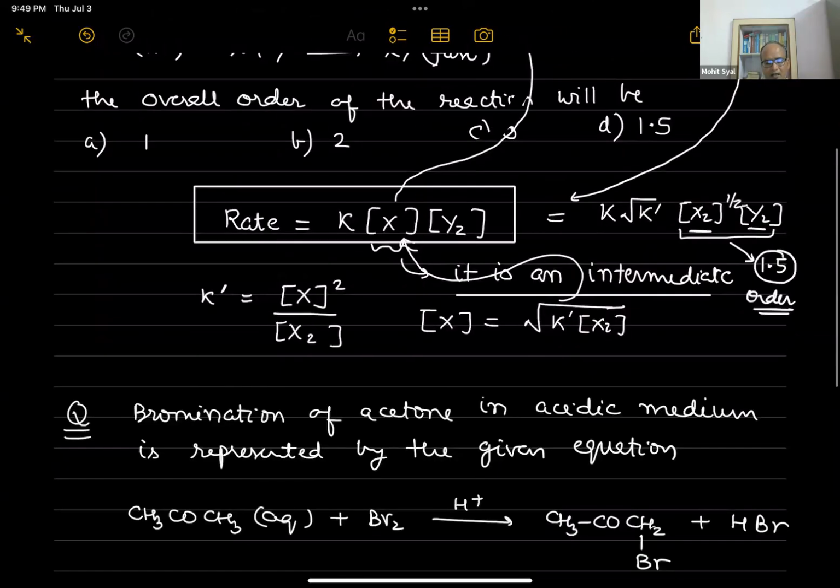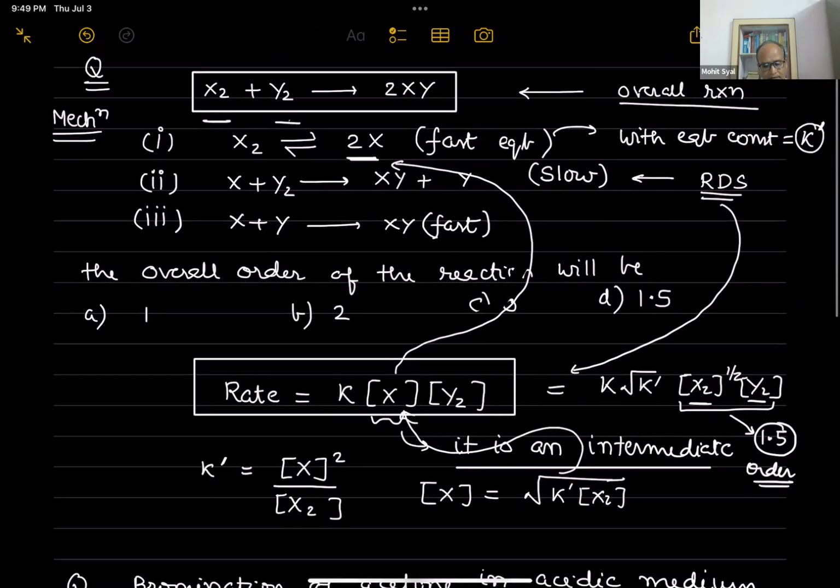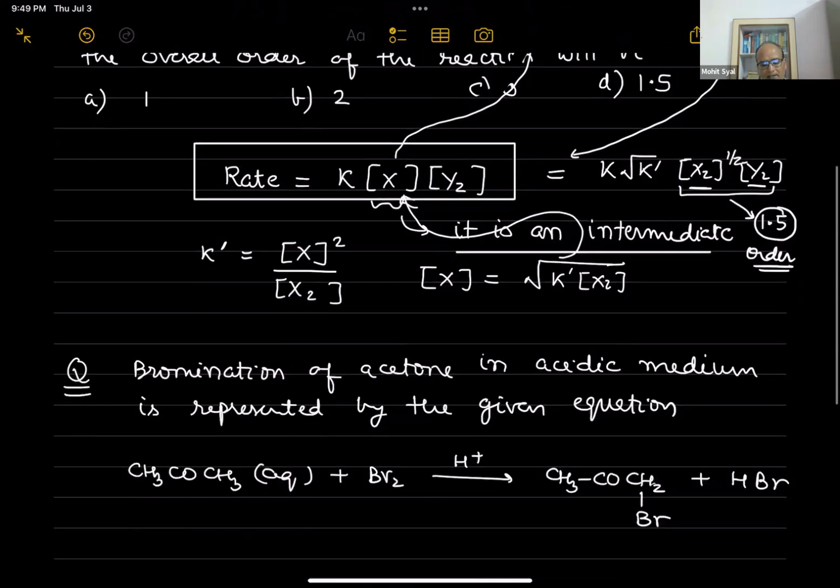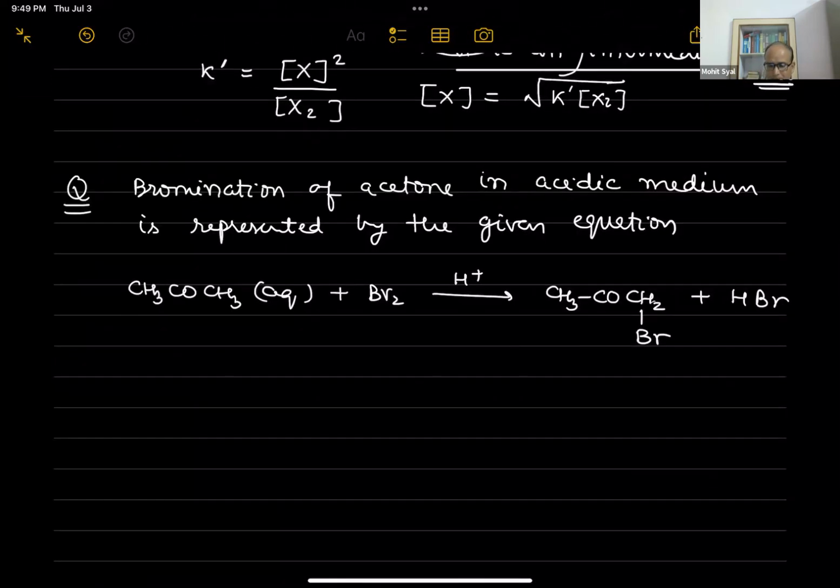So this method, the above method, was with the help of the mechanism, and this is the initial rate method. So in this, you are given acetone, Br2, H plus, and the rate.